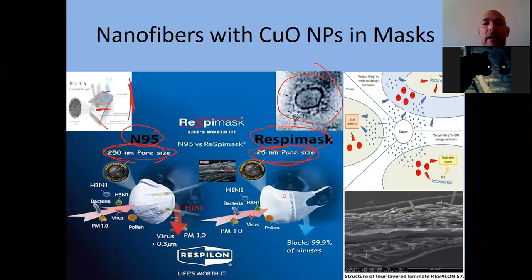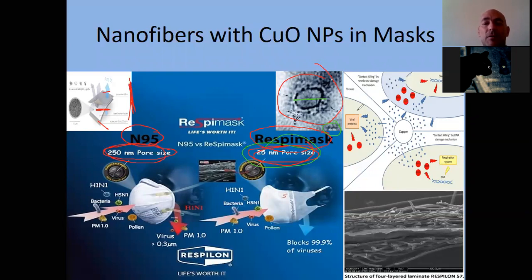This is the 50 nanometer scale. So this virus is about 150, right? Maybe less than that. So this could really support the need for a mask that has a much smaller pore size to prevent the spreading of this virus.